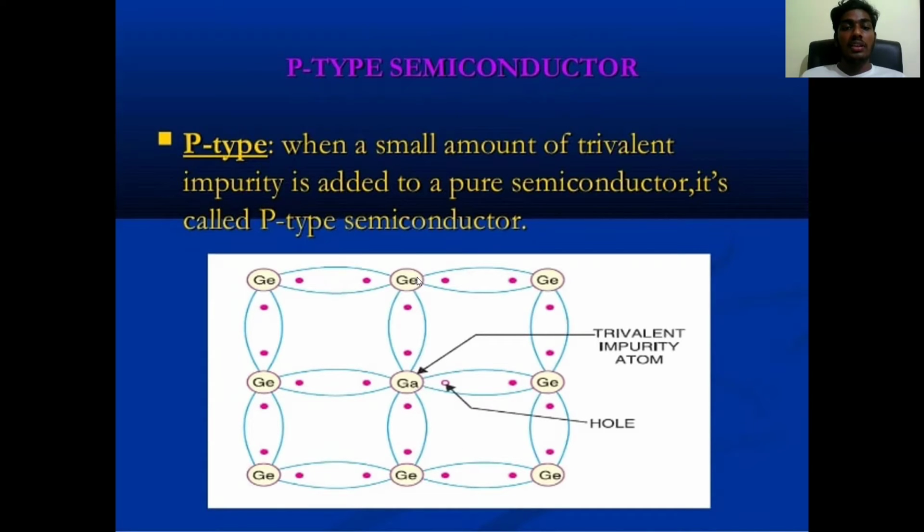Ge is a pure semiconductor and gallium is a trivalent impurity. Ga is added to a pure semiconductor Ge. It is a p-type semiconductor. It is a hole. It is a trivalent impurity atom.